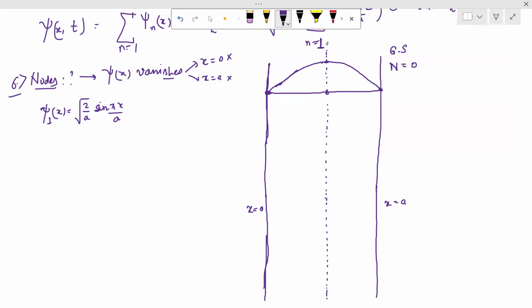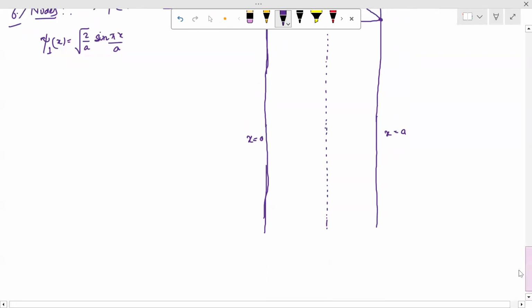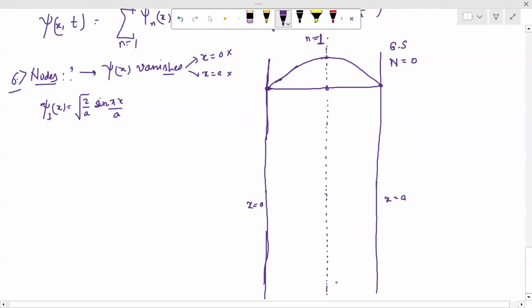This particular thing is equal to, I'll write it here, x is equal to a by 2. I hope it is clear.